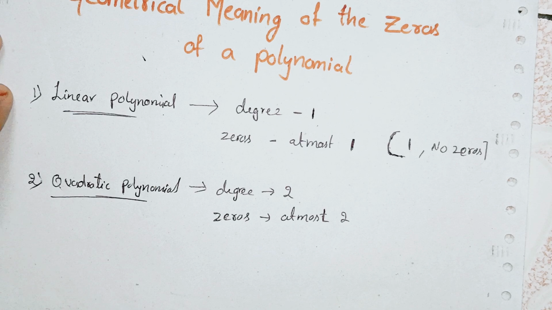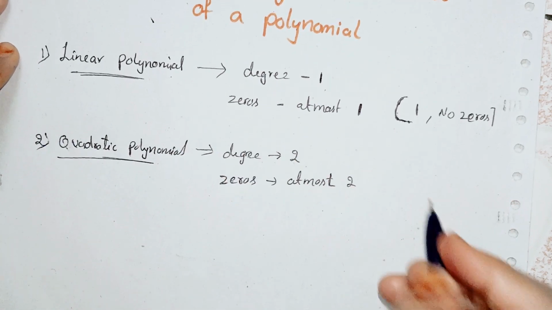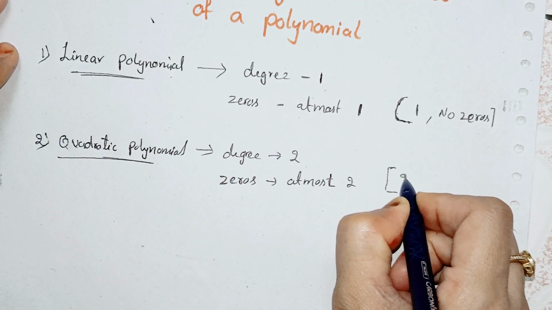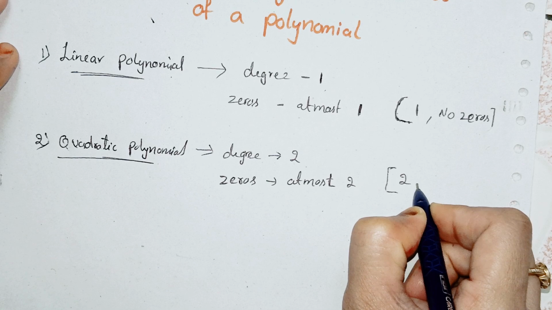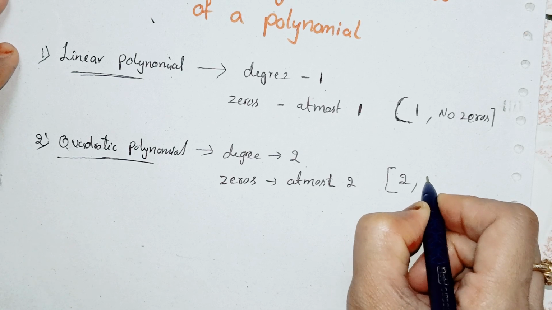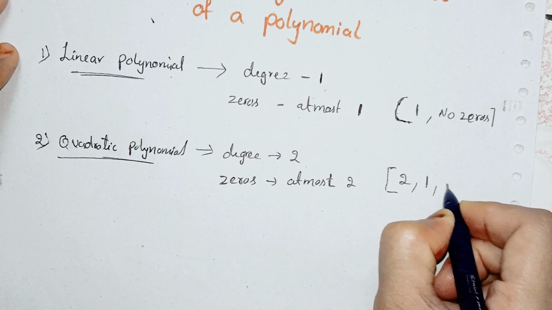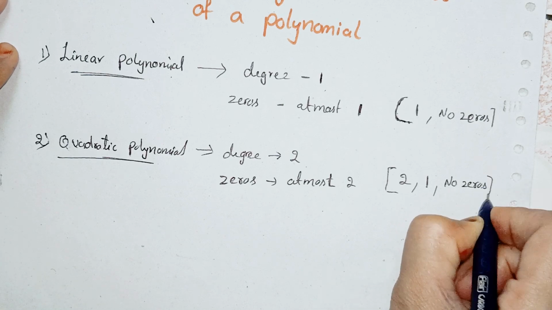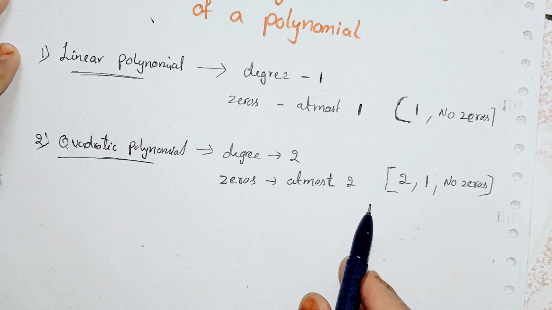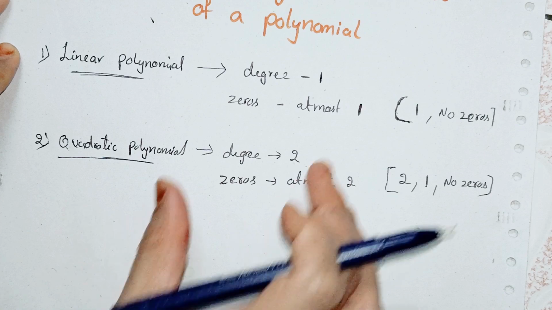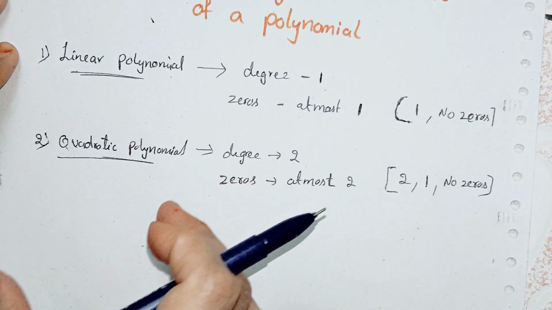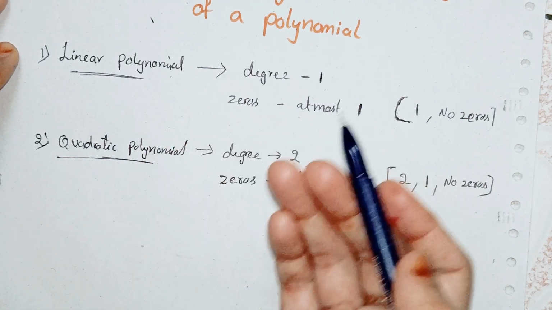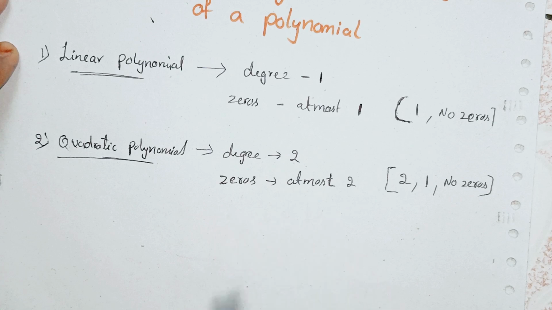At most 2 zeros means maximum 2 zeros. You may get 2 zeros as the solution, sometimes you will get 1 zero also, sometimes no zeros. Okay, are you getting this point? Just try to understand. These will come in the bits in your exam, so just mark them as important points.